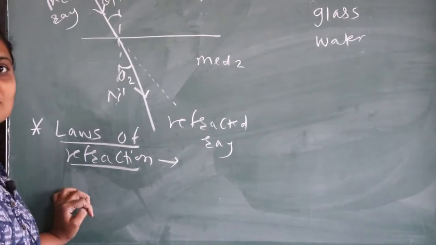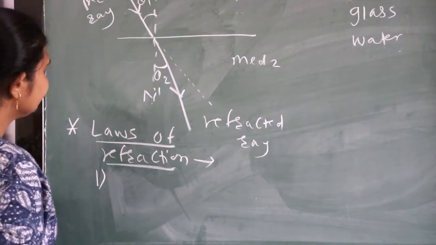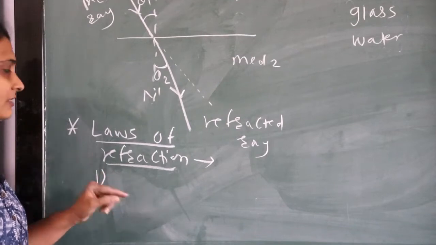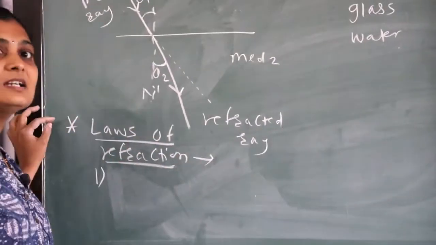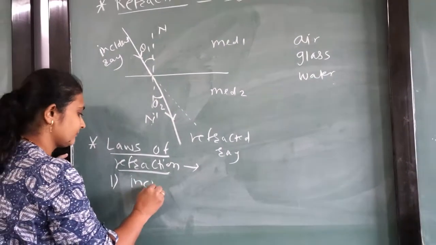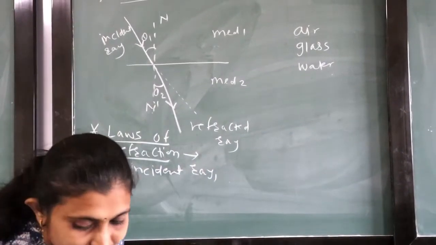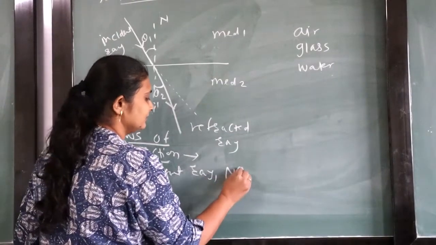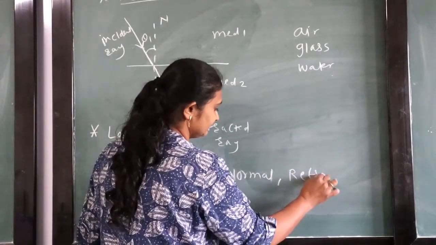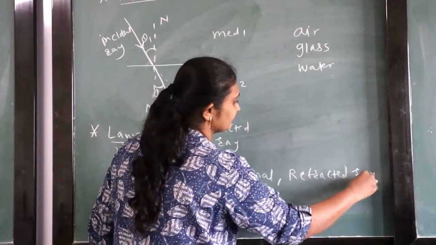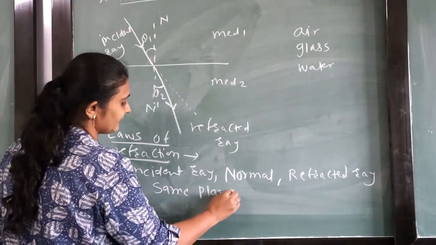There are two laws of refraction. First one: incident ray, normal and refracted ray all lie in the same plane.